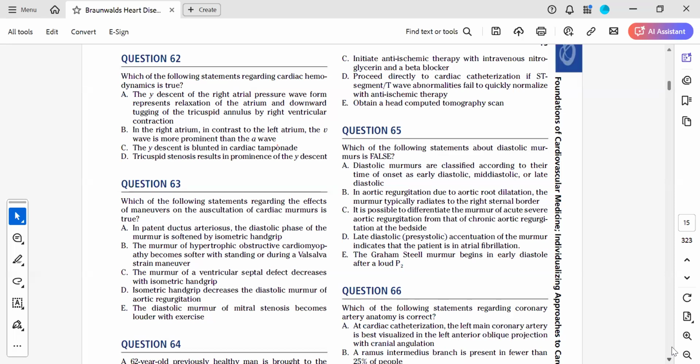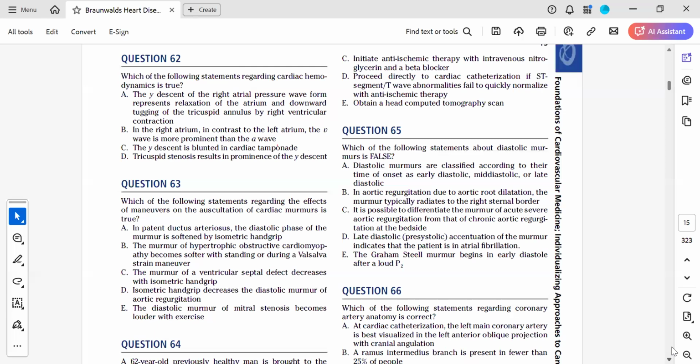So there's some space for the atrium to relax, and the pressure drops a bit. That's why there's a preserved X descent in cardiac tamponade, but no Y descent.